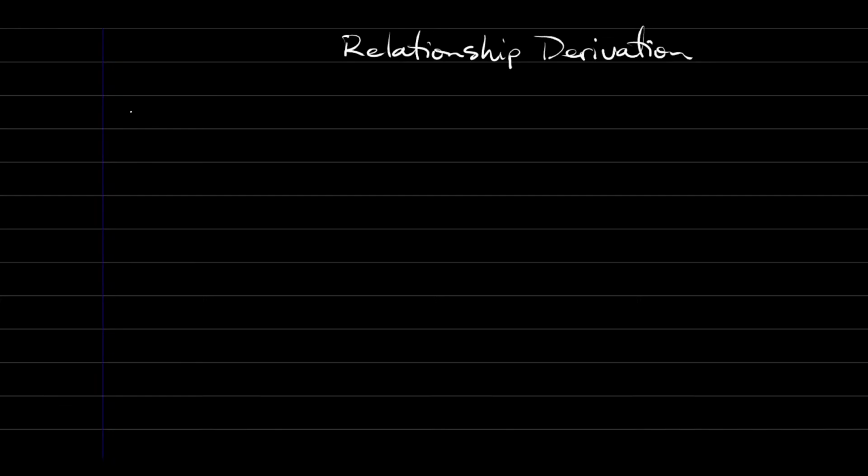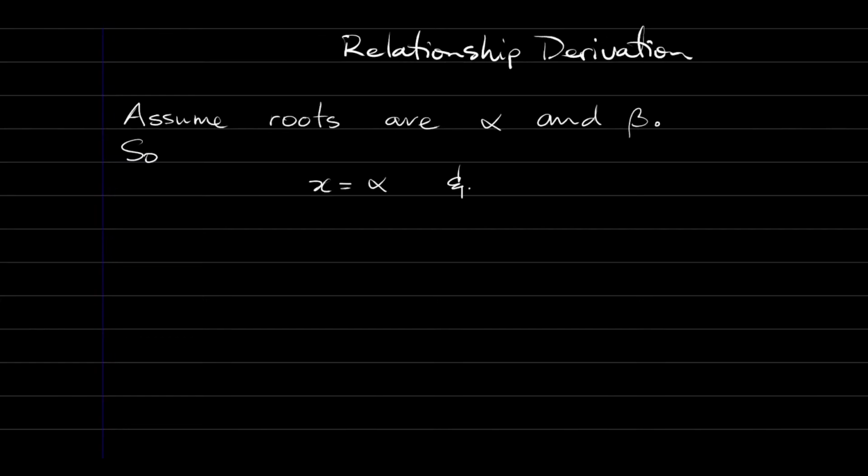First thing you're going to have to do is assume the roots are alpha and beta. Now this is the form that you would see it written in the syllabus. Okay. So we're going to assume that the roots are alpha and beta. So that means that x is equal to alpha and x is equal to beta.